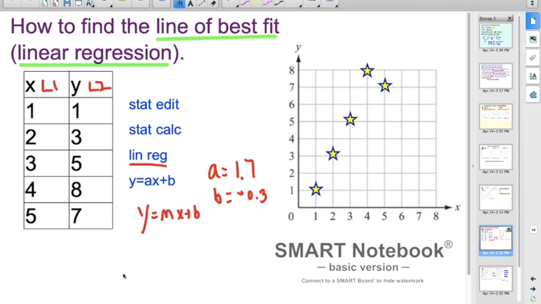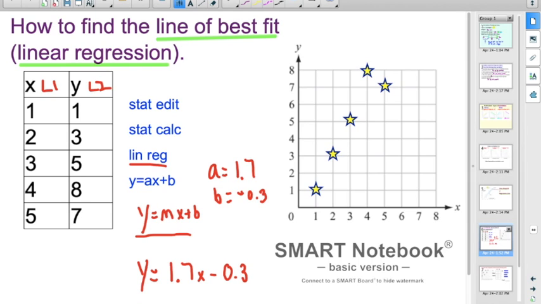So, to find the linear regression, all you gotta do is substitute it into y equals ax plus b. So your answer should be y equals 1.7x minus 0.3.